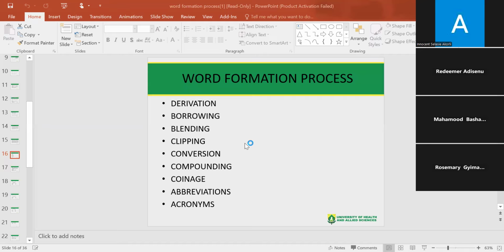So, can we have examples of compounds as far as you know? Classmate. Okay. Classmate. I heard classmates. Cupboard. Okay.